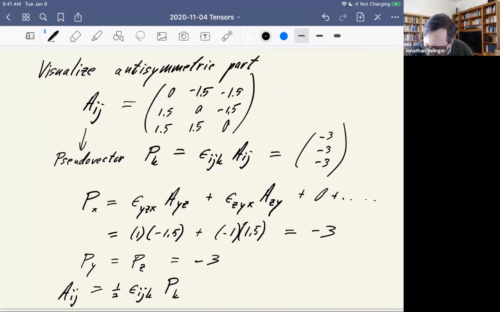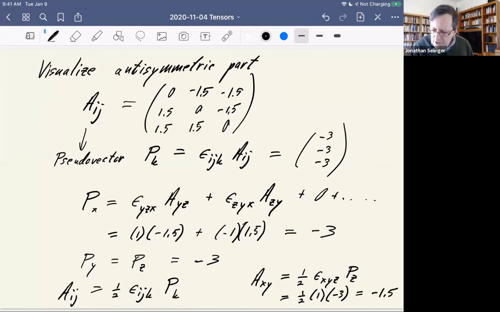So that means, for example, A_xy is 1/2 epsilon_xyz P_z. So that's 1/2 times 1, and P_z is negative 3. So that is negative 1.5. And that's row x, column y. That's right there, negative 1.5.